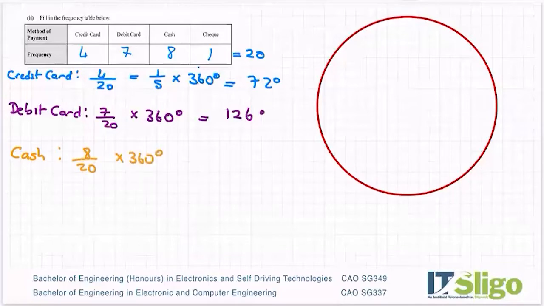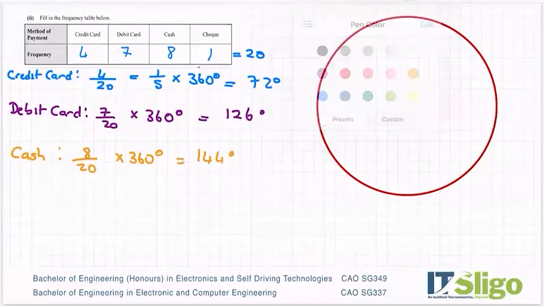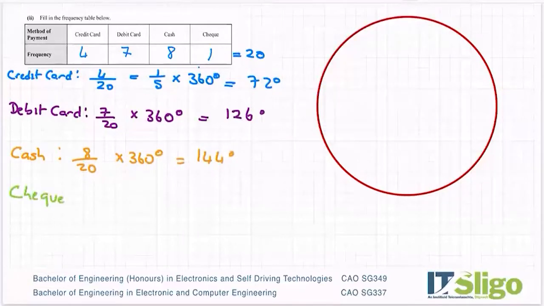So 8 over 20 multiplied by 360 degrees. So 144 degrees for that one. And then finally, the last one is 1 out of 20 multiplied by 360 degrees, and I'm getting 18 degrees for that one.